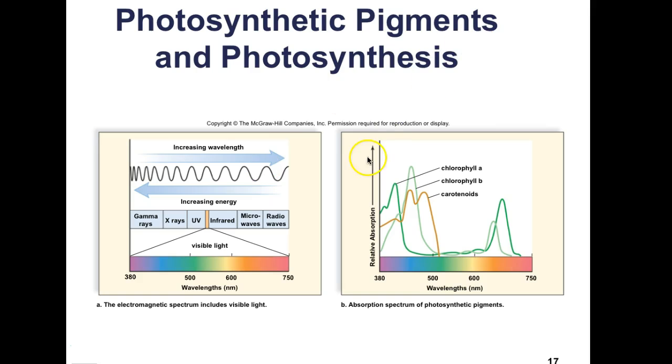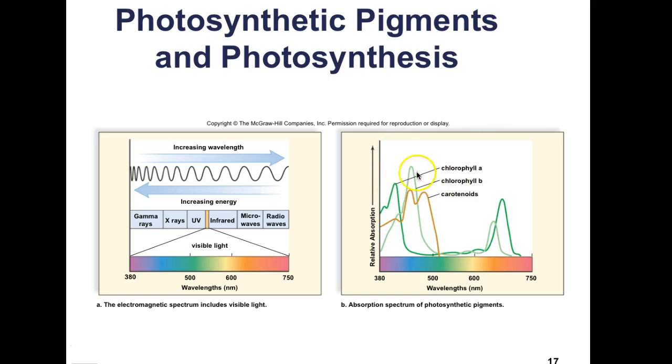But the area that we are most focused on with the process of photosynthesis is right here in the visible light spectrum. And if we look at the absorption spectrum for photosynthetic pigments, we do see where those colors have relative absorption. So we do see the curve for chlorophyll A, that would be the main photosynthetic pigment.